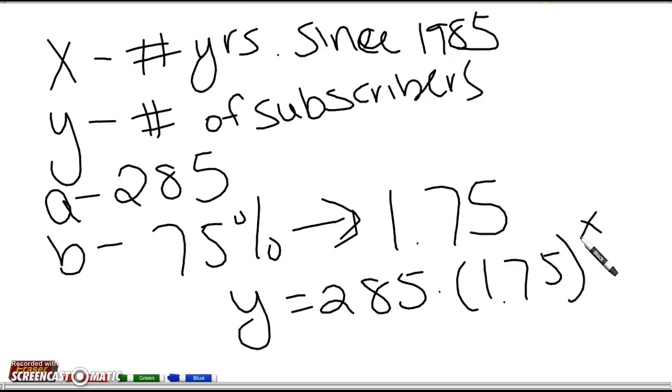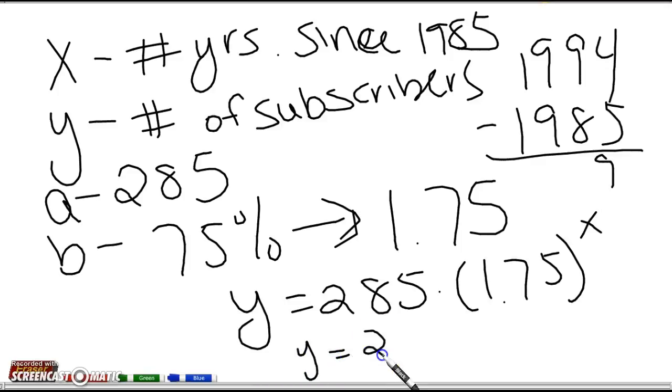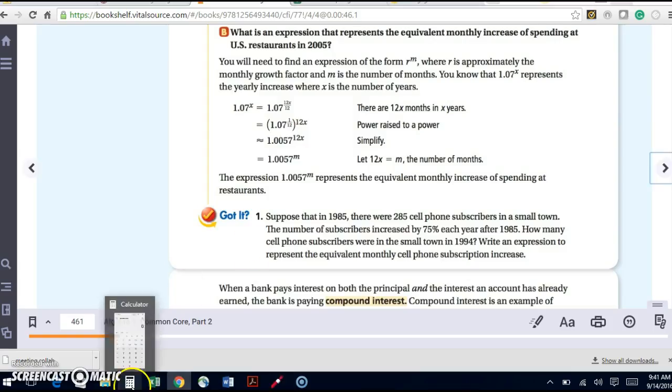Now, they want us to find it for 1994. So 1994 minus 1985 is 9. So I'm going to plug in 9. So 285 times 1.75 raised to the 9th power. So I'm going to put that in my calculator.